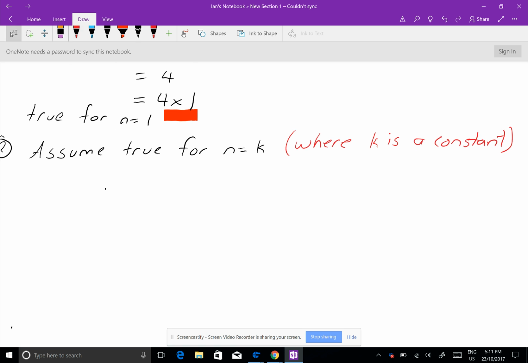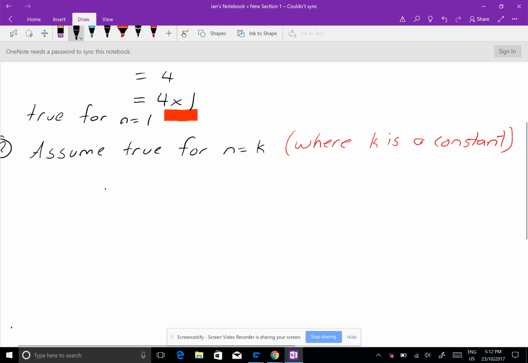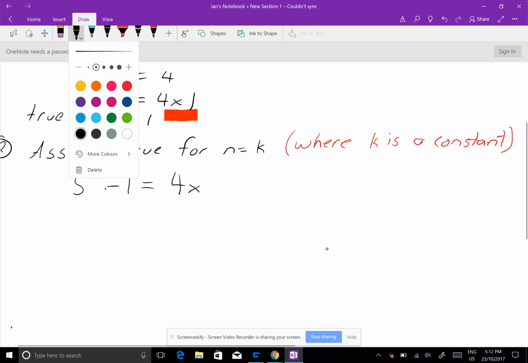So here we go. 5 to the k minus 1. Well, what are we assuming? We're assuming that it equals 4 times some integer value.